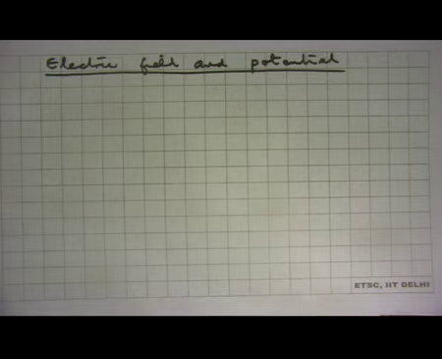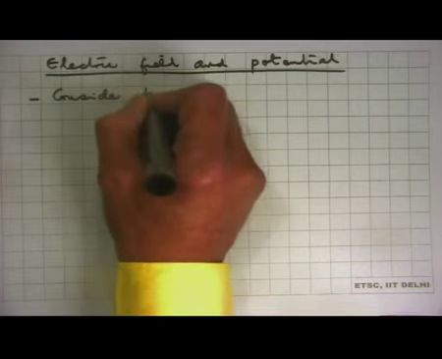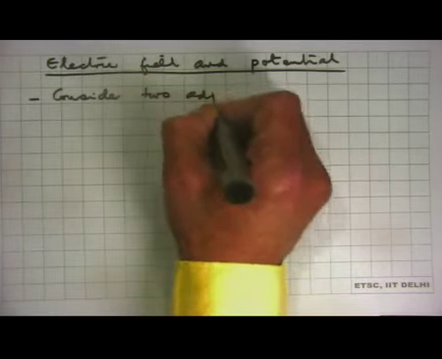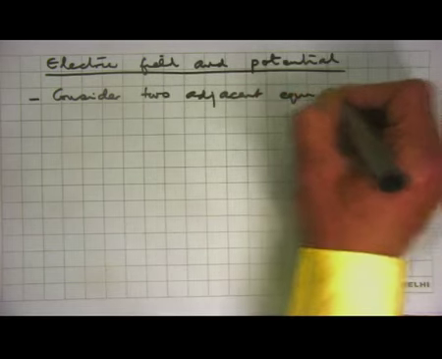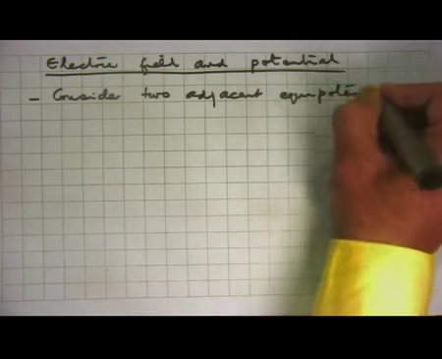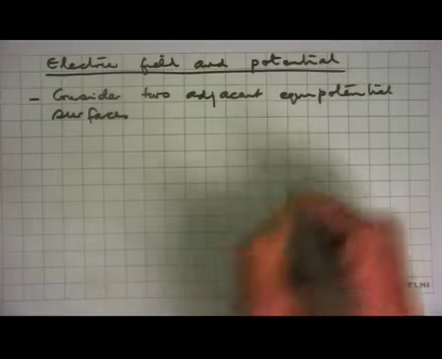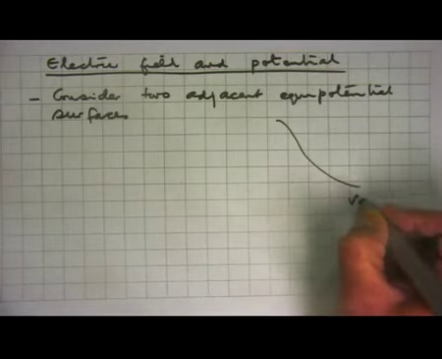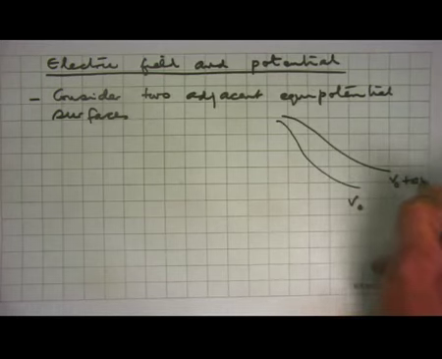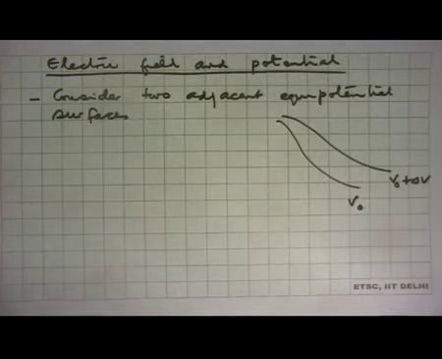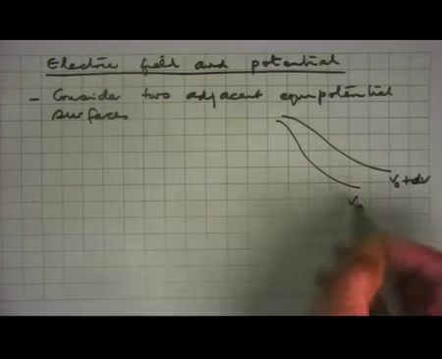I want to consider two adjacent equipotential surfaces. Let me draw something like this. This is potential V naught and there is another surface here, V naught plus dV. These are two potentials which are very close to each other.